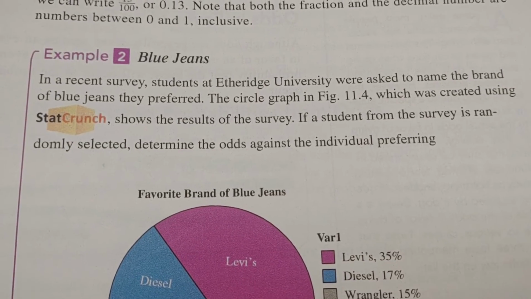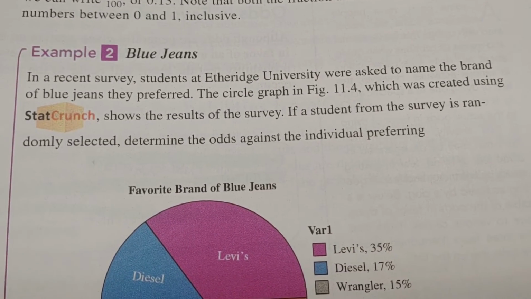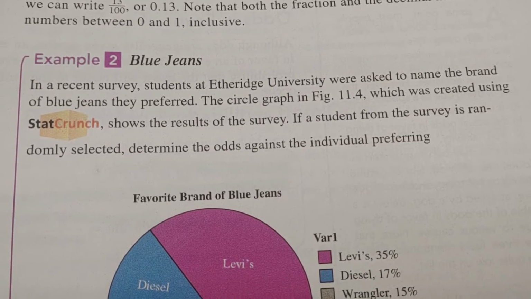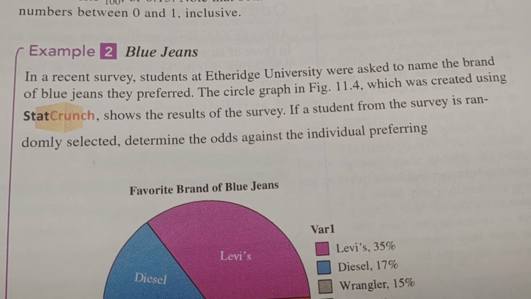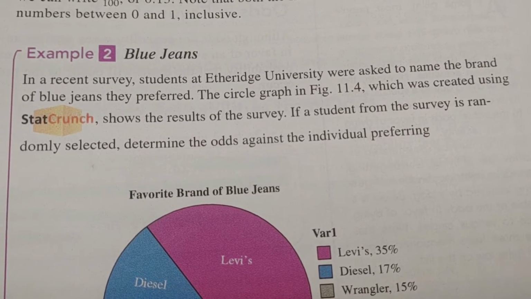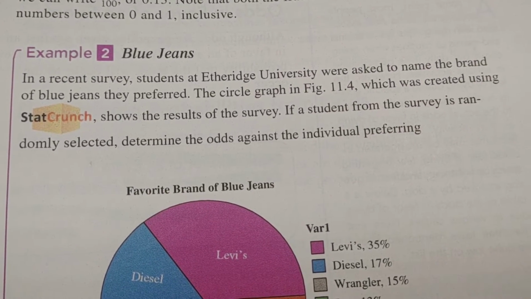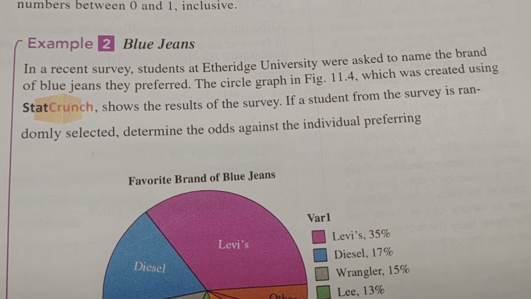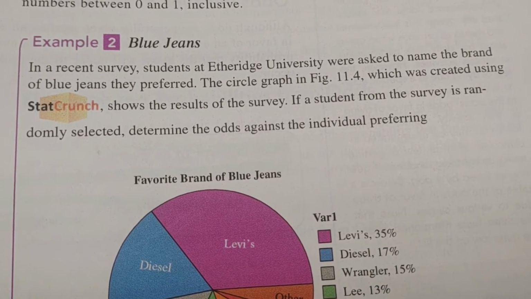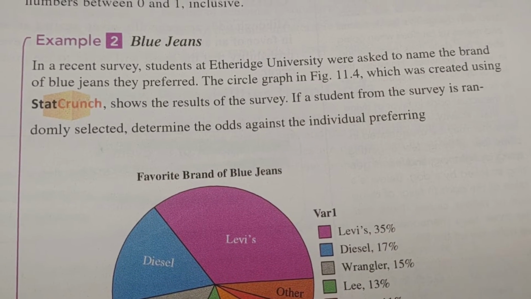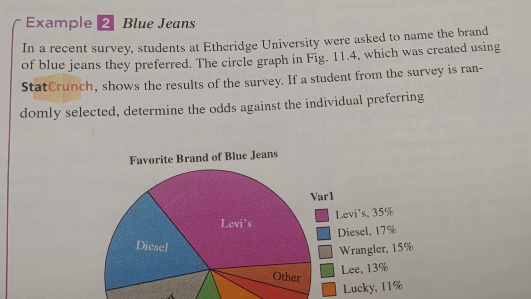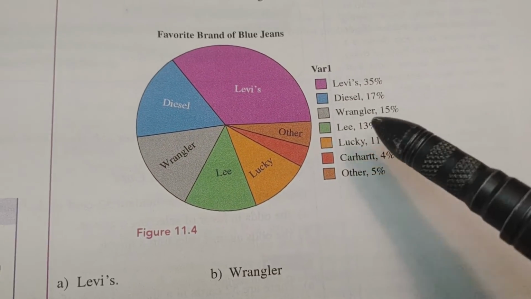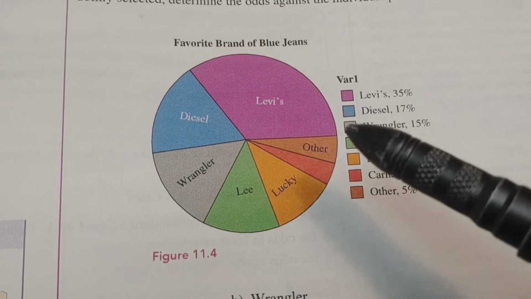It says in a recent survey, students at Etheridge University were asked to name the brand of blue jeans they preferred. The circle graph in figure 11.4 shows the results of the survey. If a student from the survey is randomly selected, determine the odds against the individual preferring, and we come down here, A, Levi's.